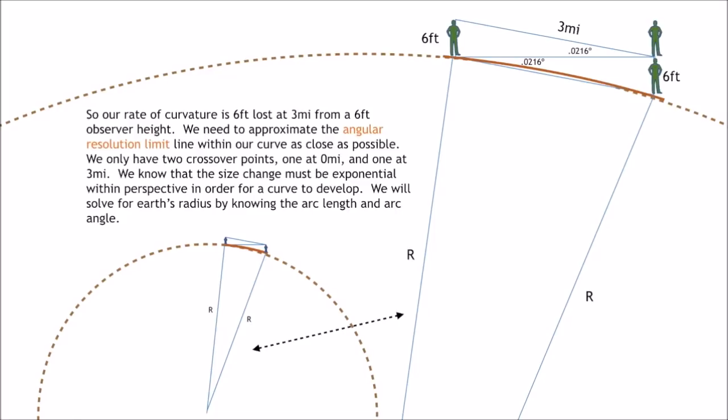Can't be linear. So we will solve for the Earth's radius by knowing the arc length and arc angle. You can see here we've just taken our 2 triangles, placed them against a curve for a person walking over at that rate of 6-foot loss over 3 miles, and we have then extrapolated it along a greater circle.